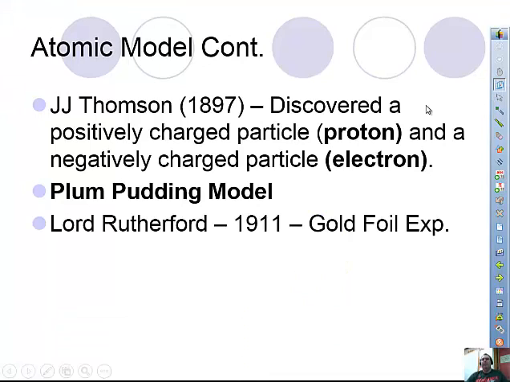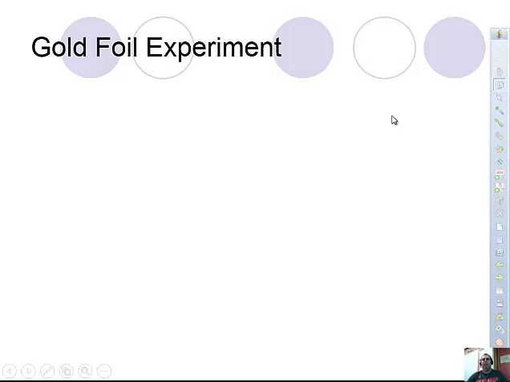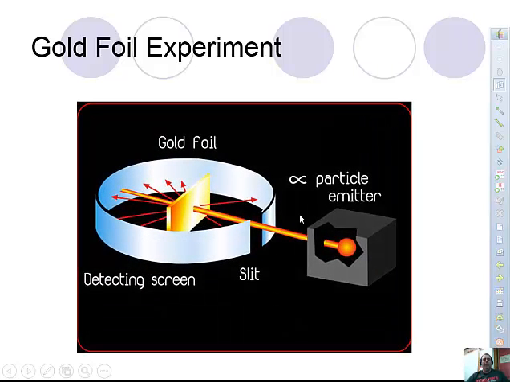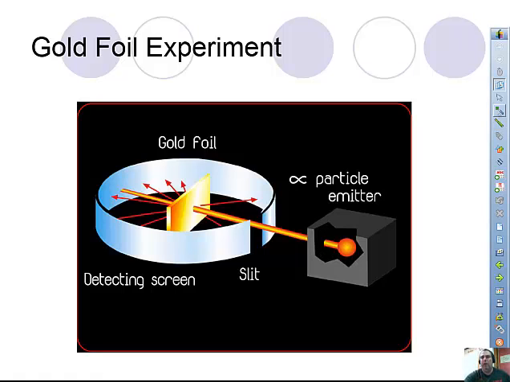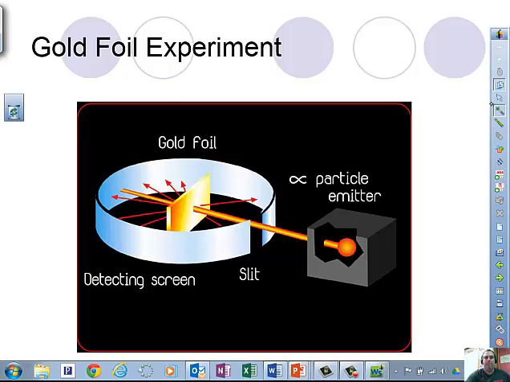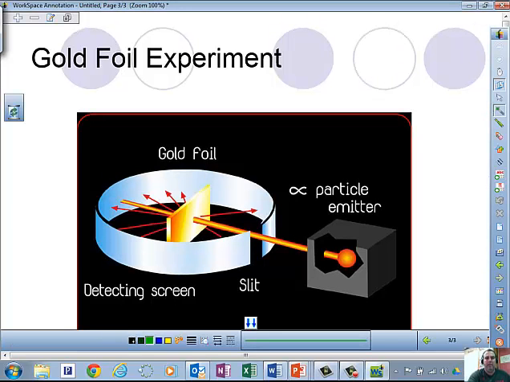In 1911, Lord Rutherford comes along, and he did this gold foil experiment. We still have the protons and electrons, but he found something specific about those protons. If we look at this particle emitter and this gold foil experiment, the key thing to know is that the particle emitter was positively charged.